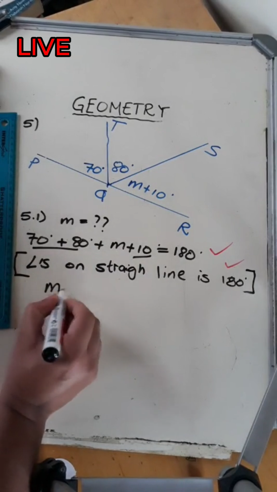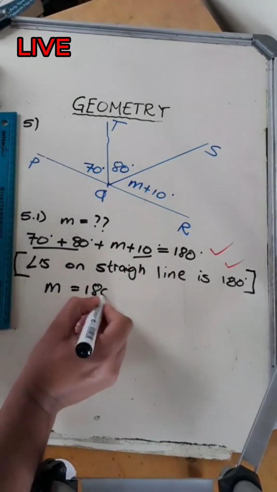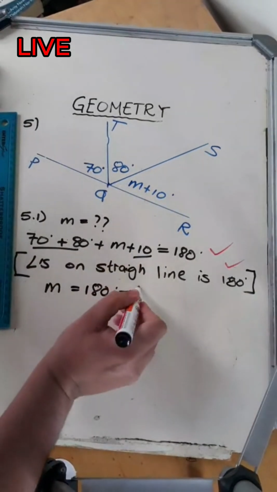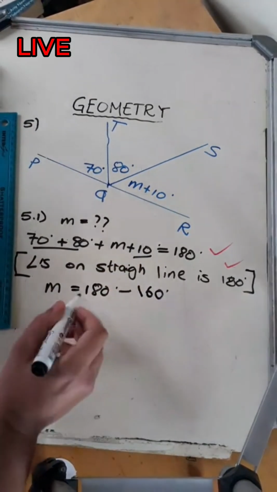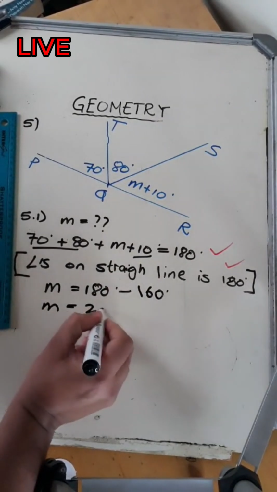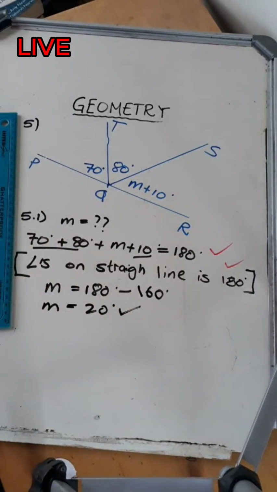So M, which is that M, is equal to this 180 minus this. If we add it together we're going to get 160 degrees. So that means my M is equal to 20 degrees, and this here is your final answer. Okay.